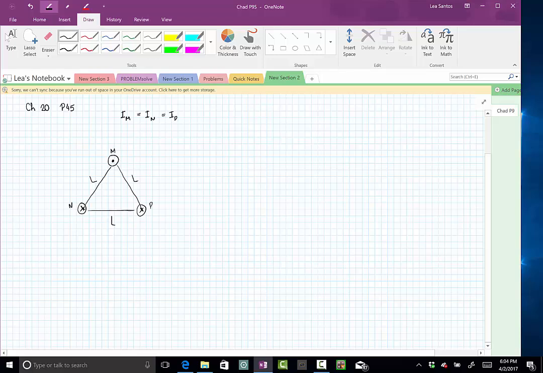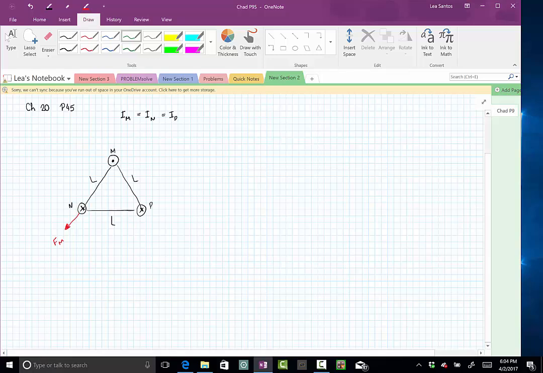So I look at wires N and M, and I see that the currents are moving in opposite directions. So I know that because of M, we'll have a repulsive force on wire N. So I am putting it here. This is the force caused by wire M, by the field created by wire M, on this wire N. And if I look at N and P, they are moving in the same direction, so I know that there is an attractive force.